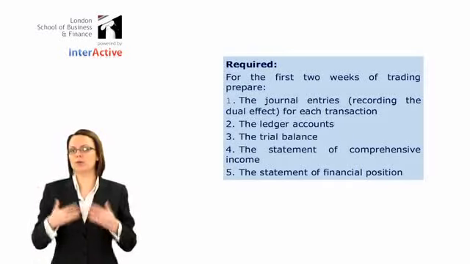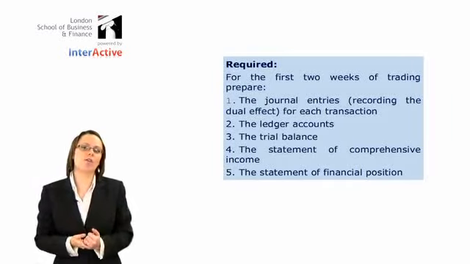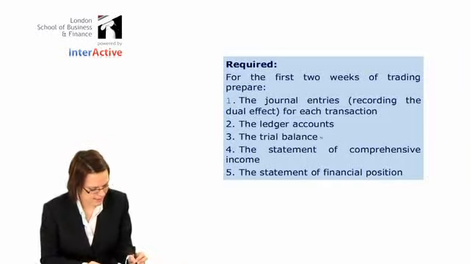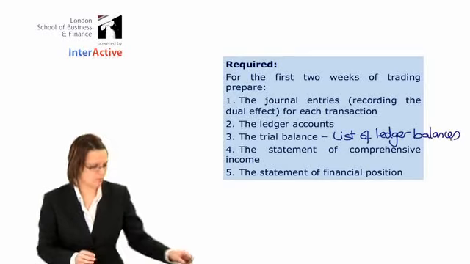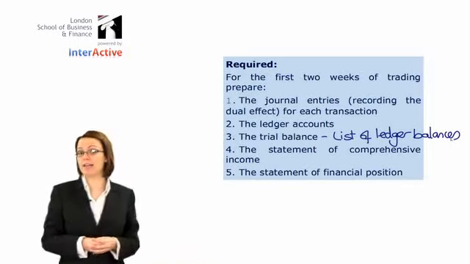For now, what we will refer to the trial balance as is just a list of our ledger balances. And we'll look into that in a bit more detail when we come to prepare it later on.